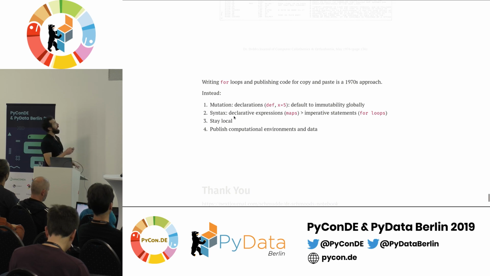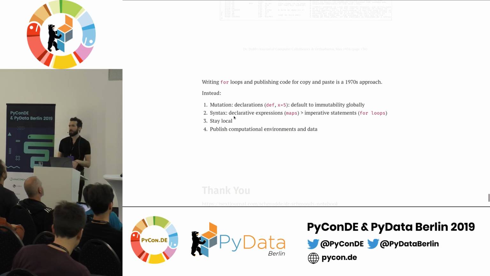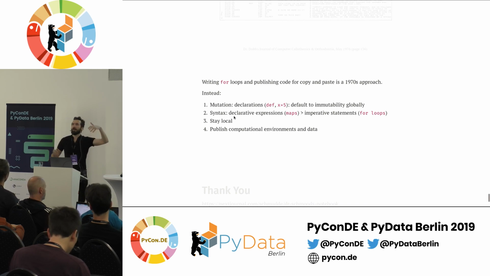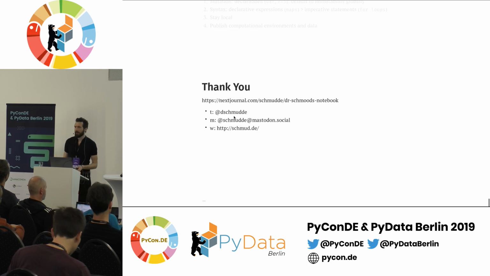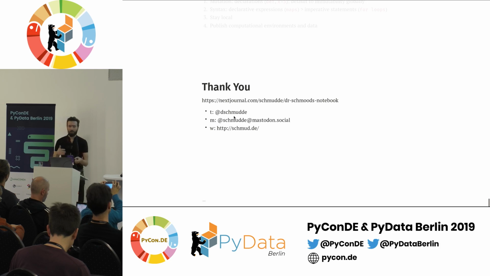Okay. Our syntax. We should favor declarative expressions over imperative statements. So our maps, our reduces, and our Python or Pandas libraries allow the underlying machinery to figure out the implementation details. We want to stay local as much as possible. And finally, I think we want to publish the computational environments and the data with our code so it's runnable, right? And this is one of the things that we can start doing with Jupyter.